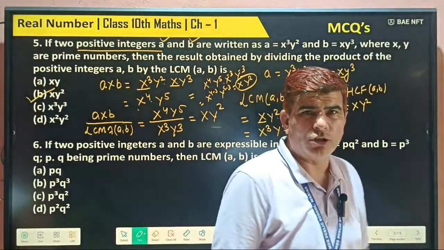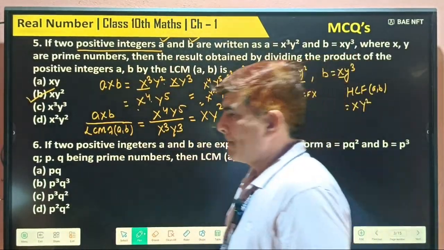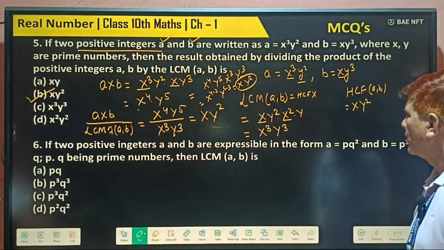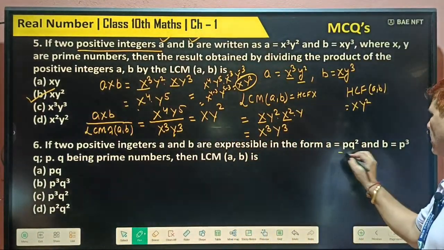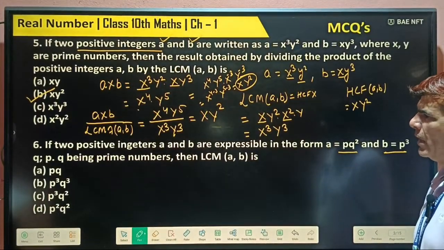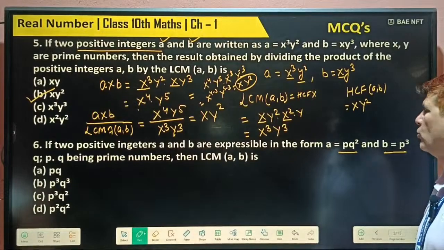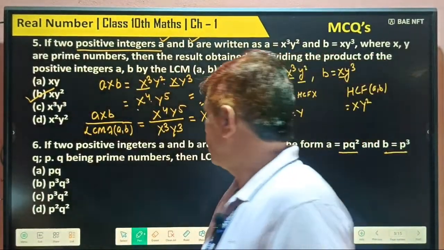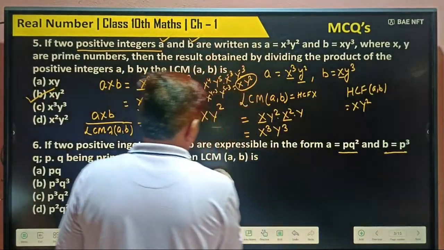Understood or not? Now, if two positive integers A and B are expressible in this form, with p and q being prime numbers, then what's the LCM? Here you have to find only the LCM, and for finding the LCM, we need to find the HCF also.